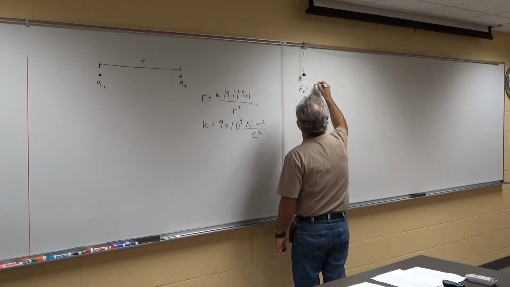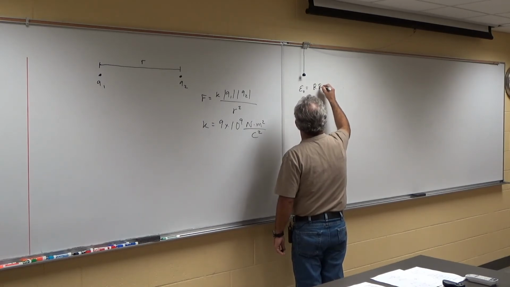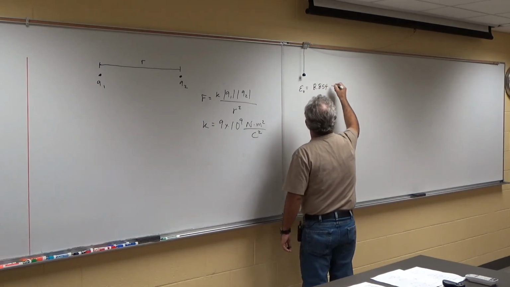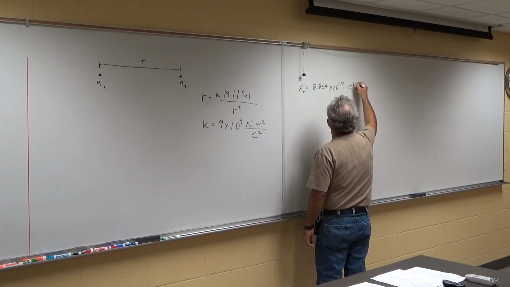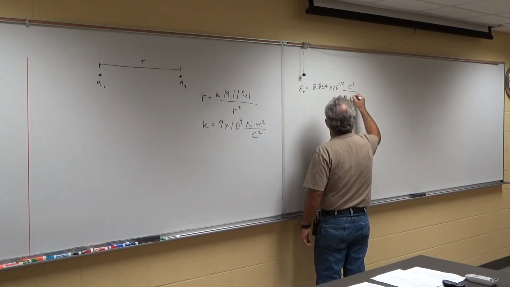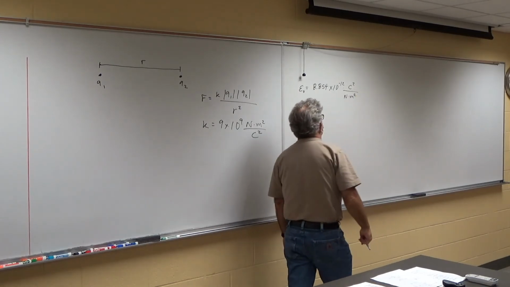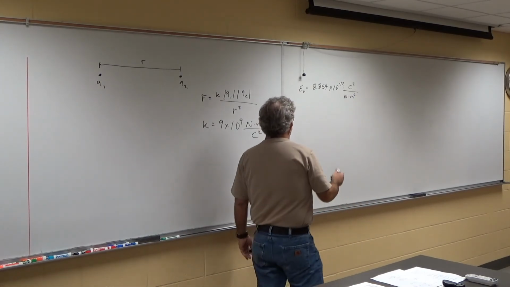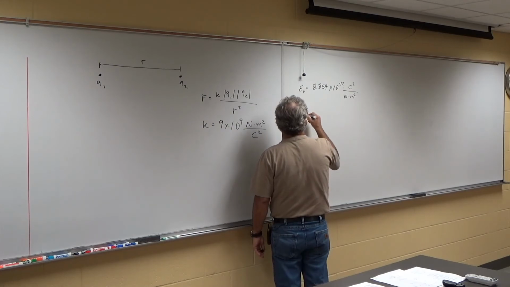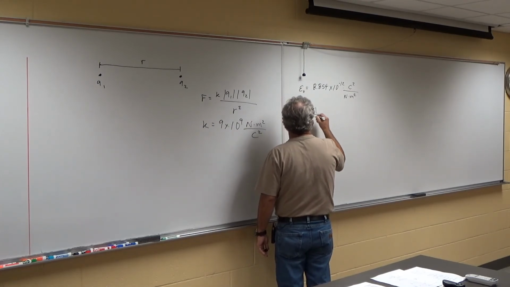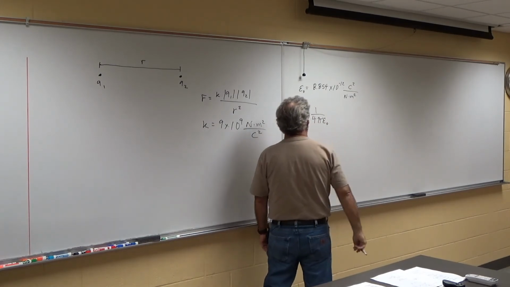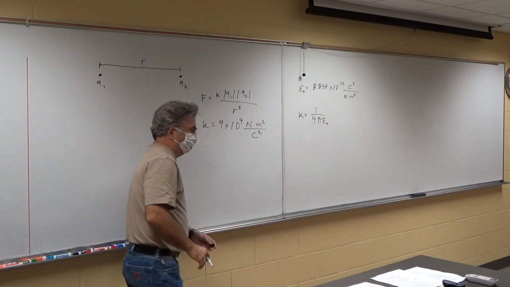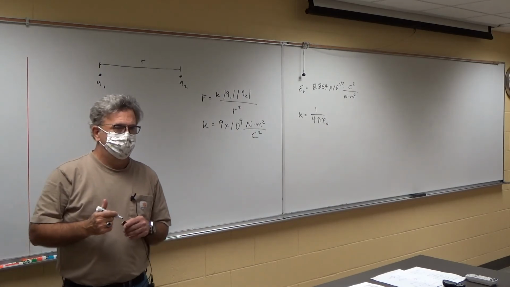Epsilon naught is equal to 8.854 times 10 to the negative 12 Coulomb squared per Newton meter squared. And in a lot of texts, they won't even use K. They'll just use 1 over 4 pi epsilon naught. So K is equal to 1 over 4 pi epsilon naught.